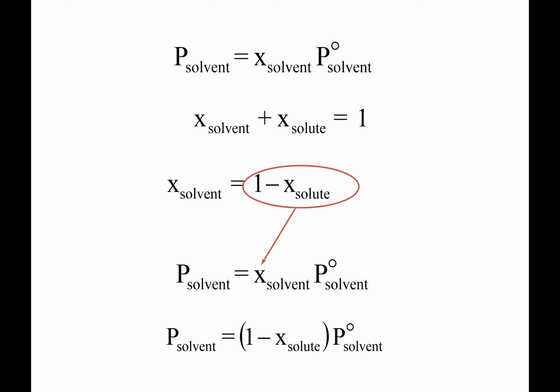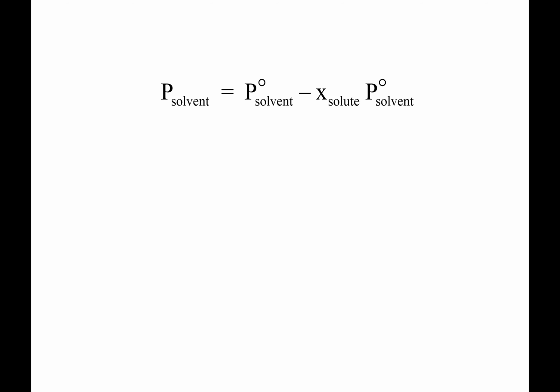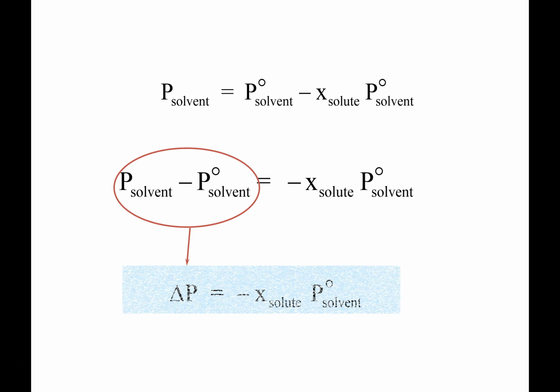We can take this P naught and distribute it through this quantity, and it looks like this. We can do a little changing around. We'll move the P naught of the solvent over, so there'll be subtraction over there. Of course, this is your delta P, the change in equilibrium vapor pressure.